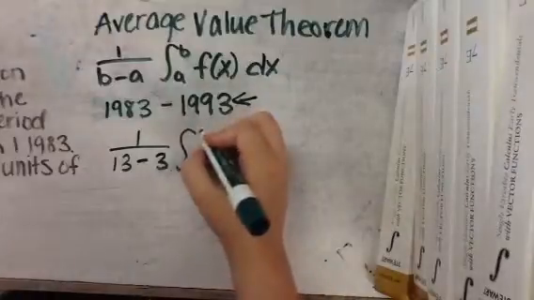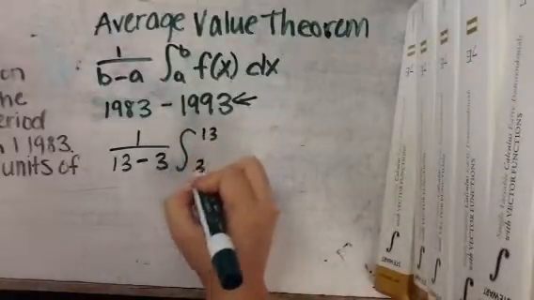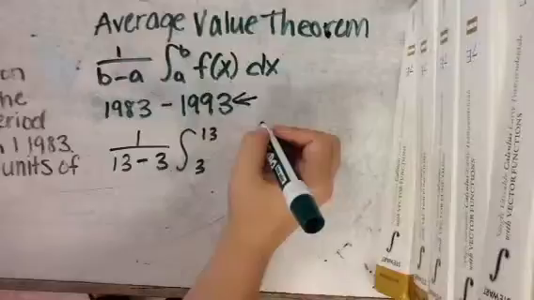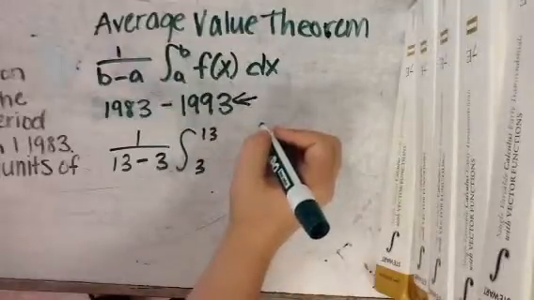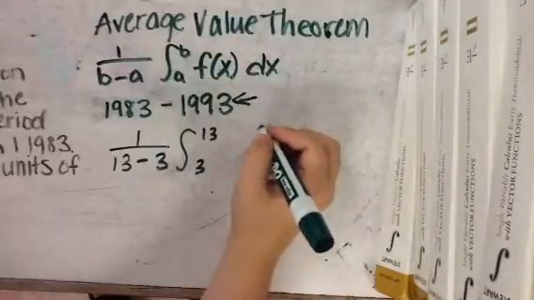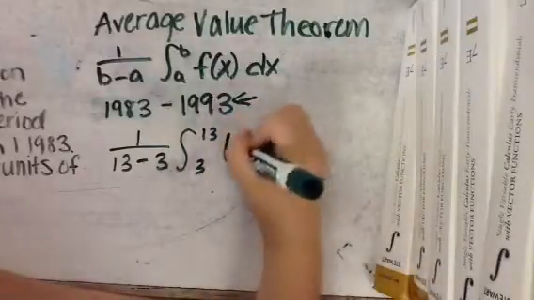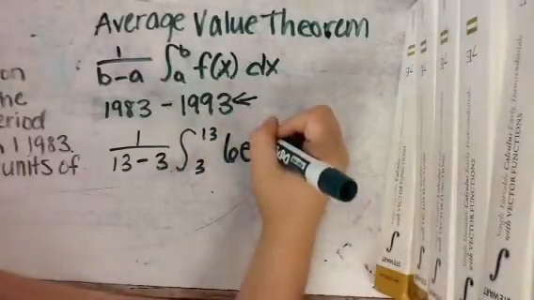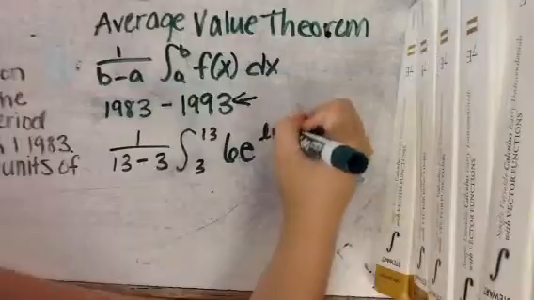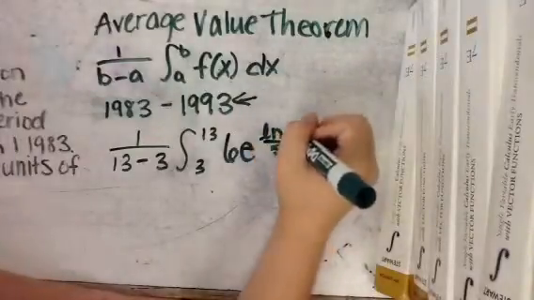So it'll be from 3 to 13 of this equation, which is 6e to the ln of 2 over 5 t dt.